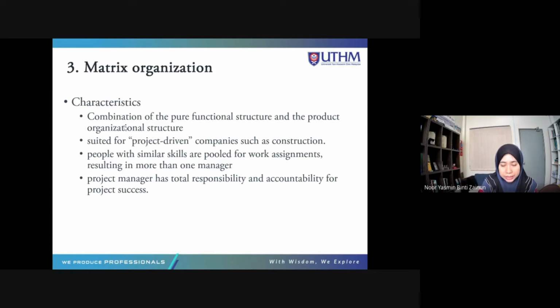It's combination of function and project and suit for project-driven companies such as construction. People with similar skills are pulled forward assignments resulting in more than one manager. Jadi dah lebih daripada satu manager. Because one manager is for the project, the other manager is for each function. Project manager has total responsibility and accountability for the project success.